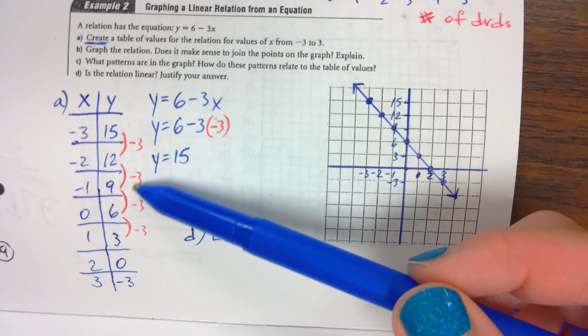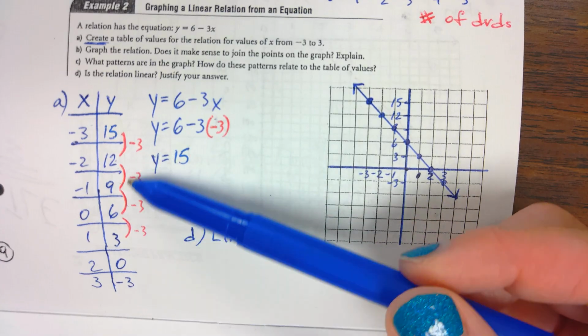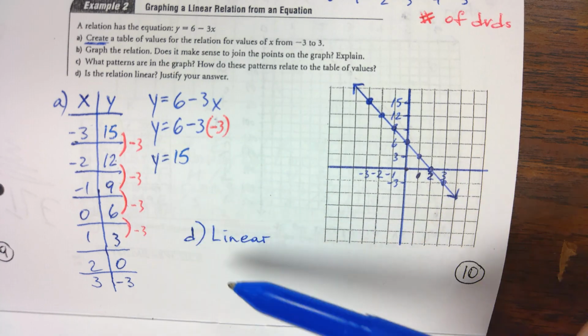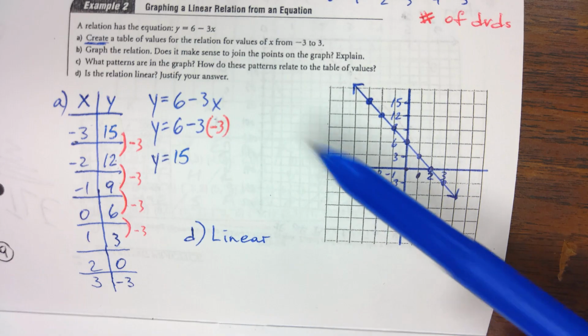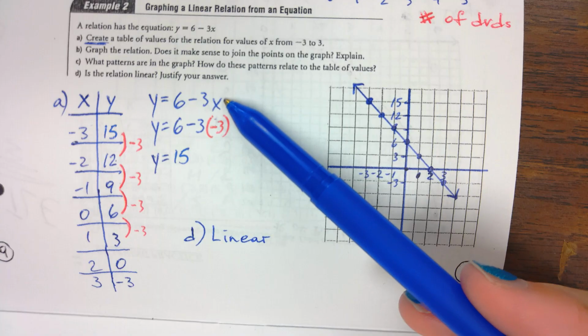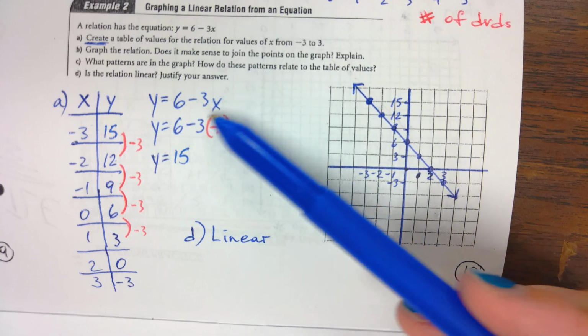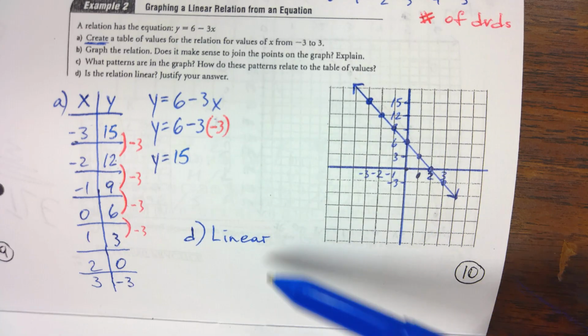Okay, so from the table, I can tell that the difference is the same. So that tells me it's linear. That's one way. Second way, Catherine? Straight line on my graph. That's two ways. X is to the power of 1. X to the power of 1 right here, so y equals mx plus b from the equation. That's 3 ways to tell.